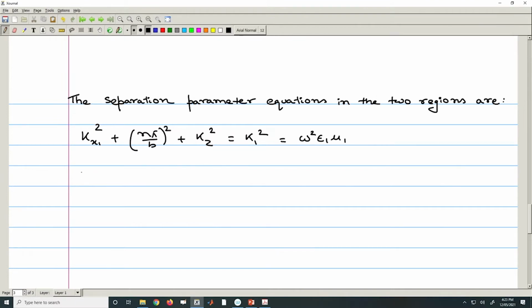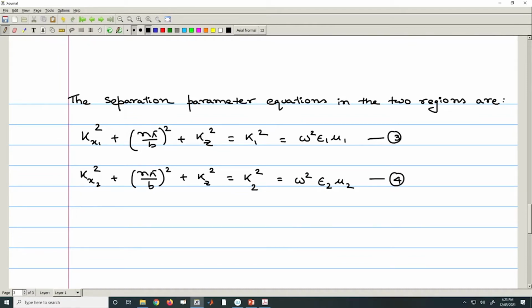Similarly, kx2 square plus n pi by b square plus kz square equals k2 square, that is omega square epsilon 2 mu 2. We can denote these two equations as equation number 3 and equation number 4.